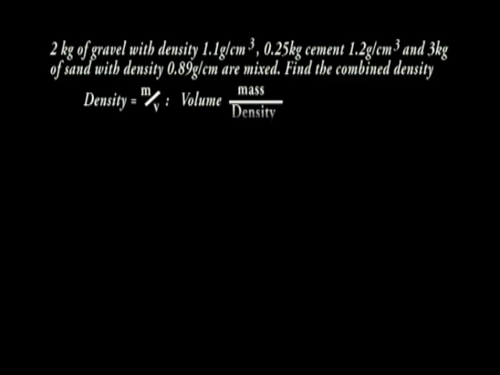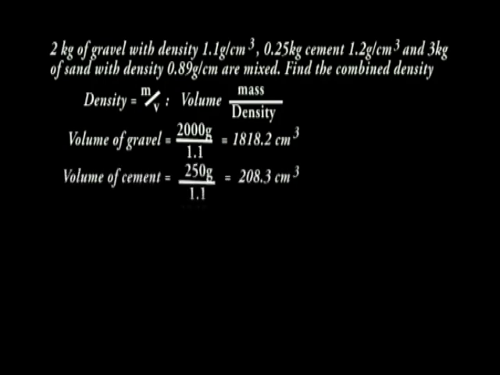Volume of gravel will be 2000 grams over 1.1, giving us 1818.2 centimeter cubed. Following the same for cement, we have 208.3 centimeter cubed. Same for sand, we have 3750 centimeter cubed.